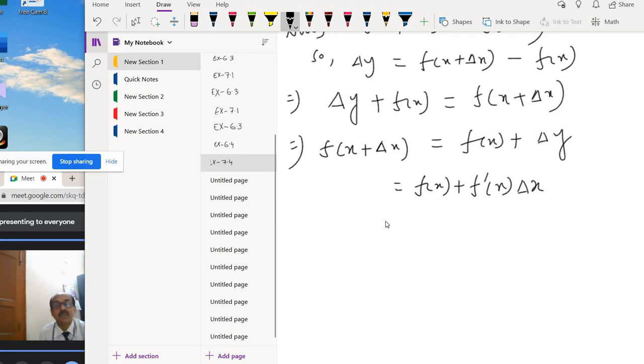Now f(x) is given in the question, 4x square plus 5x plus 2, plus f dash x, its derivative, 8x plus 5, into delta x.